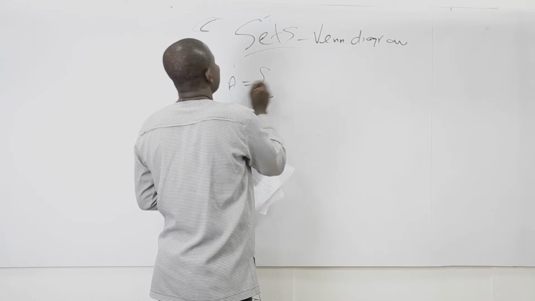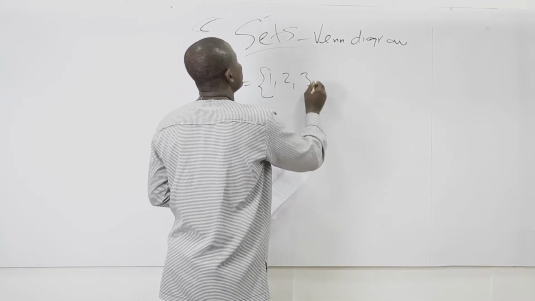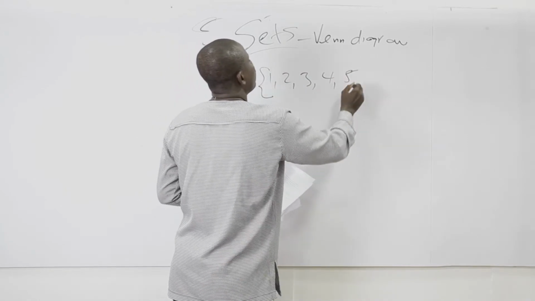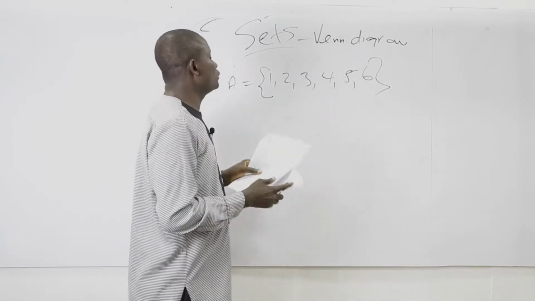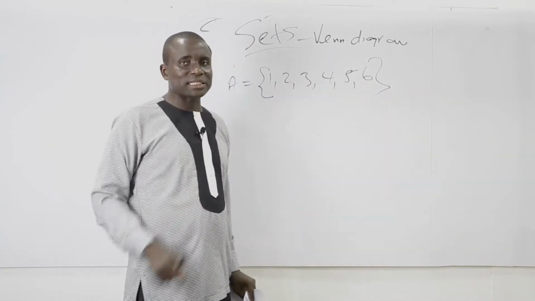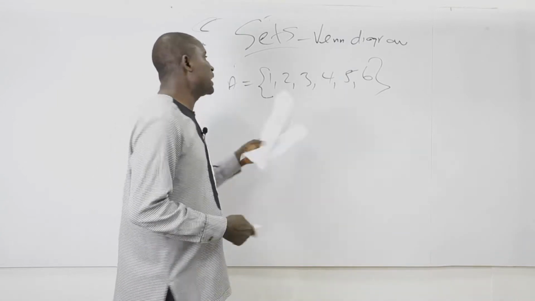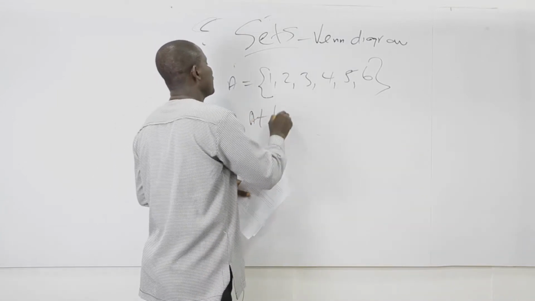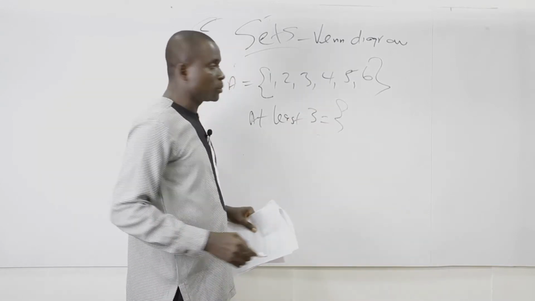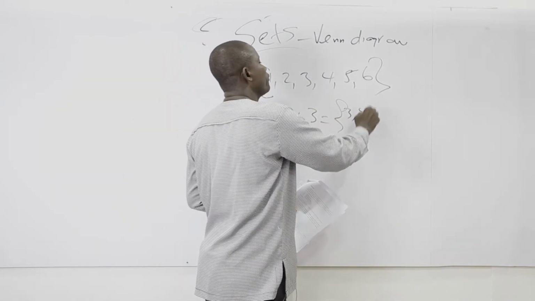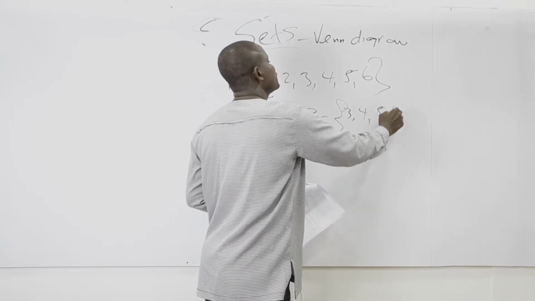If, let's say, set A is equal to 1, 2, 3, 4, 5, 6, and they ask you to write some numbers such that it will be at least 3, the least is 3, so it's going to be 3, 4, 5, and 6.